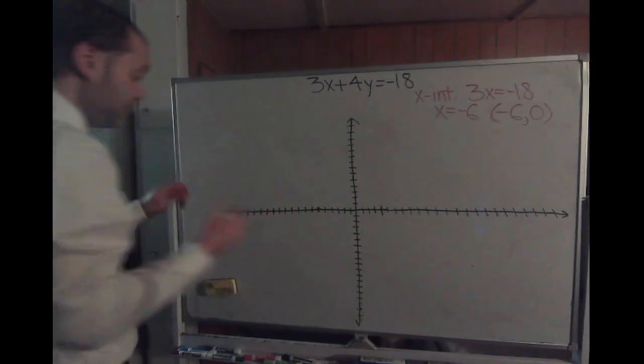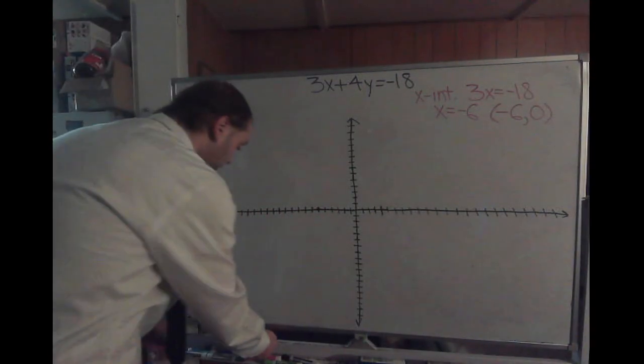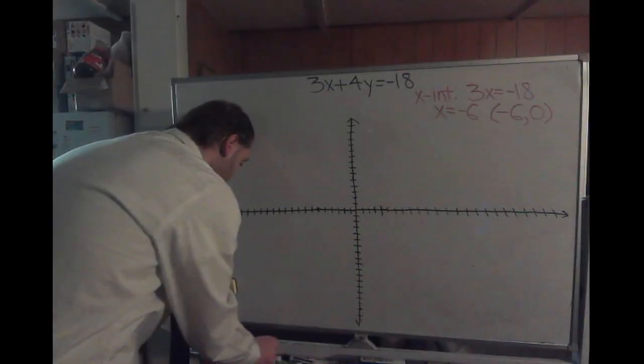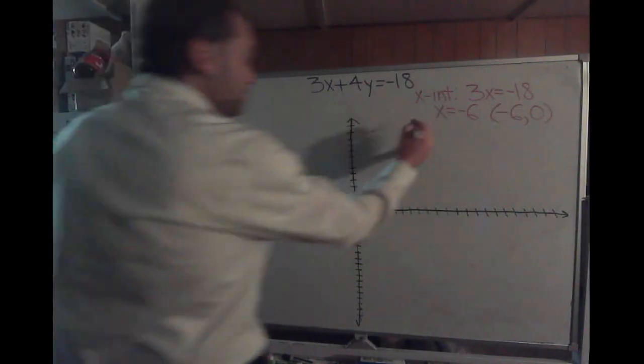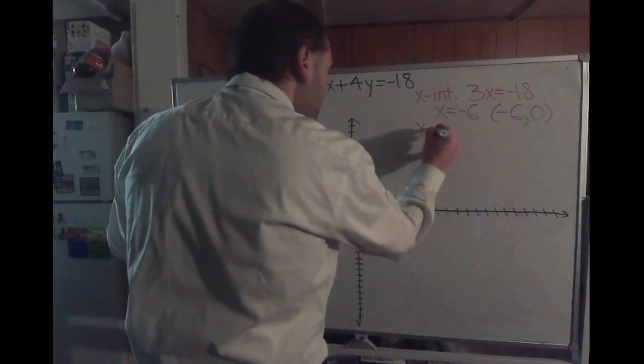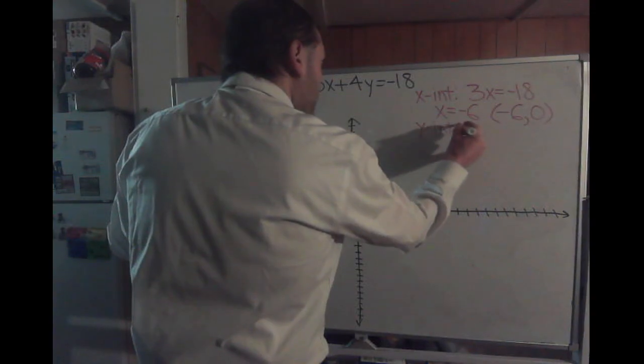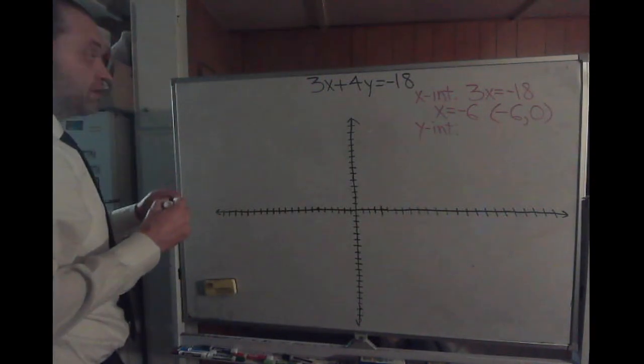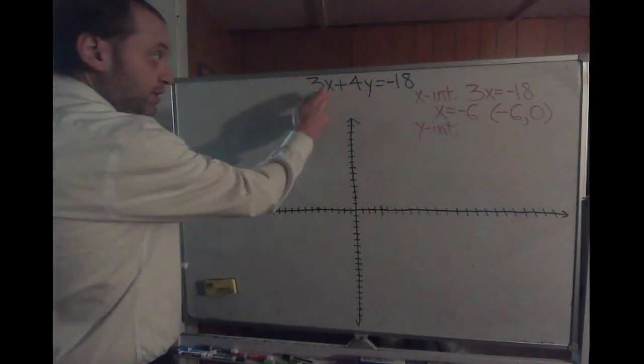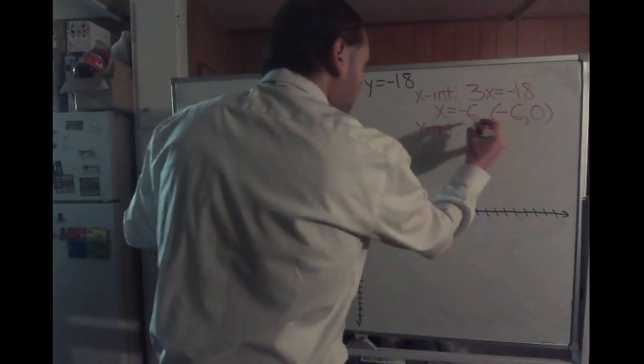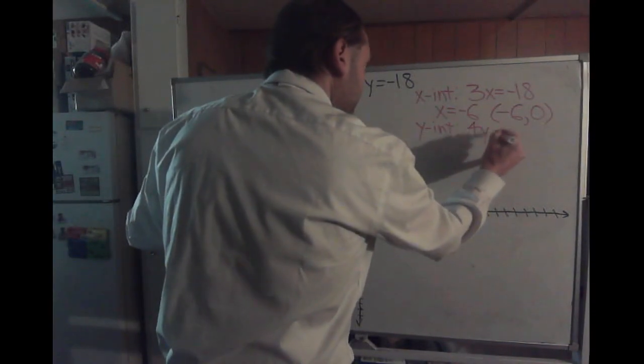Okay, now we found our x-intercept, so what about our y-intercept? Well, let's see. The y-intercept can be found, of course, by putting 0 in for x. That would simply give you 4y equals negative 18.